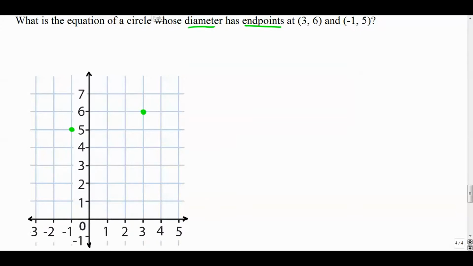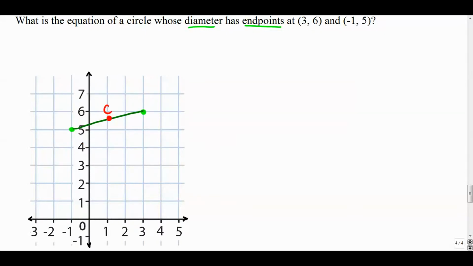So maybe we should connect those dots, and that'll give us our diameter. So that means our center is somewhere right around in here, and our circle would go something like this.